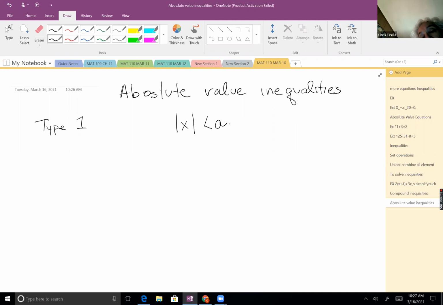Well, if I look at one of those definitions that we had for absolute value, it was the distance from 0 on the number line. And so if the distance from 0 to x, whatever it is, is less than a, doesn't that mean I can go a distance a to the right, but also a distance negative a to the left?